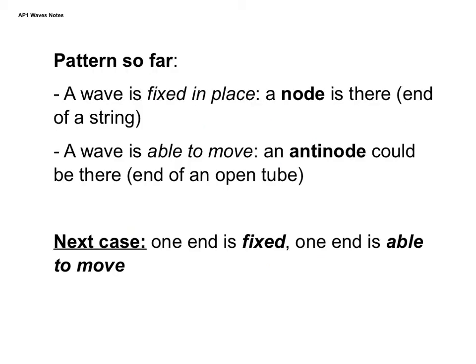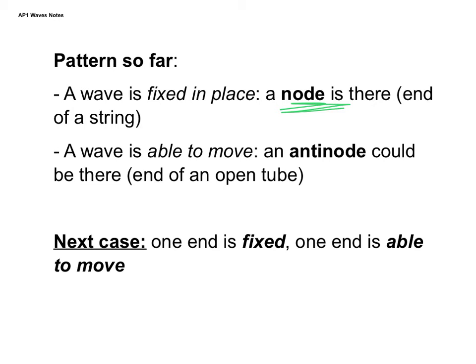So you might notice that our pattern so far is that a wave is fixed in place if there's a node, so like the end of a string. So if I have a wave on a vibrating string, a violin string or something like that, there is a node at each end.